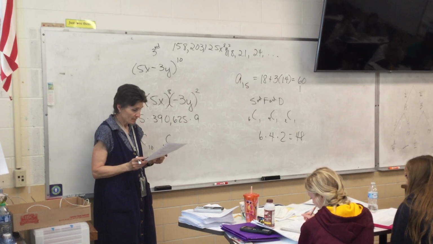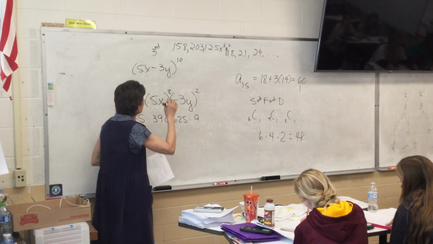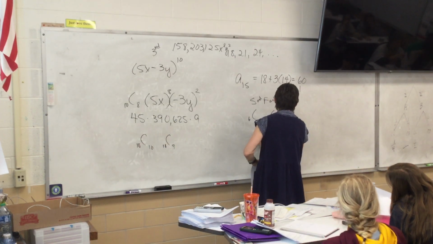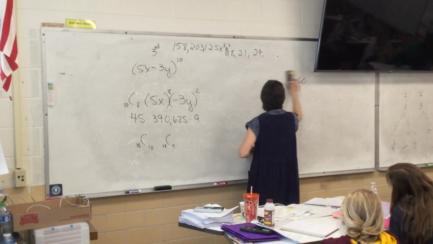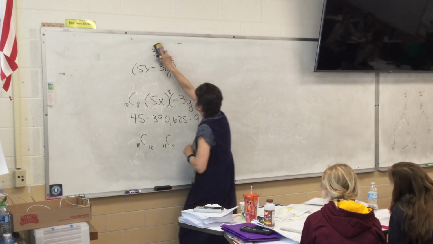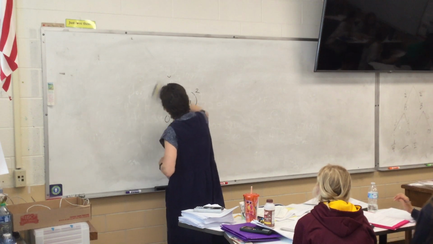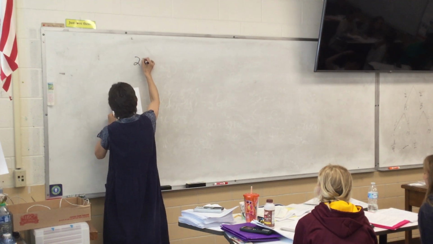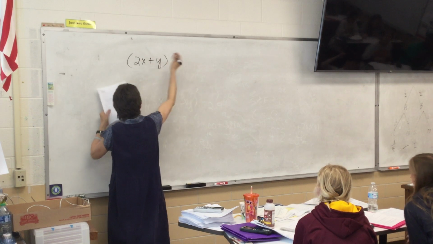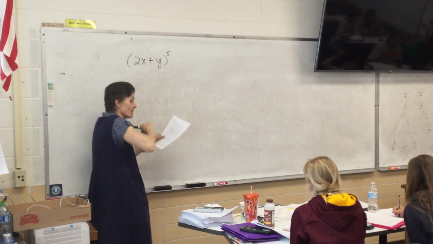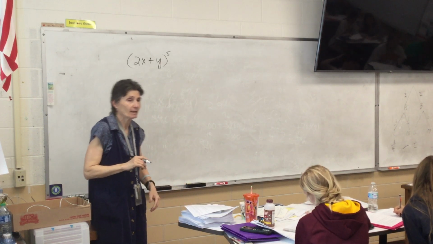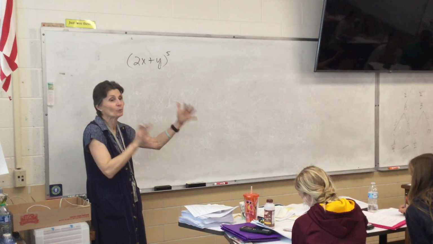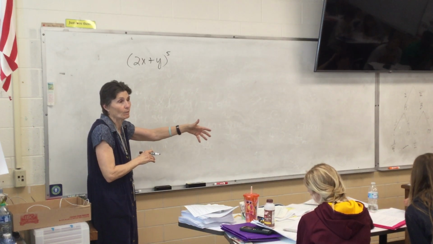Ollie? Number 9. Now, 9 is exactly like this, except it is asking me to do the whole shebang. So it's saying, find all the terms, not just the third one or the fourth one, but find them all. So basically, Ollie, I'm going to do exactly what I just did, but for all the numbers in the row.